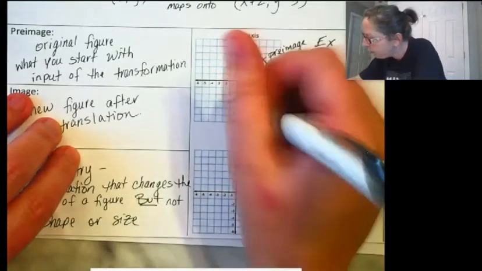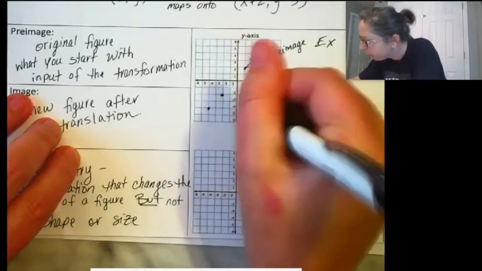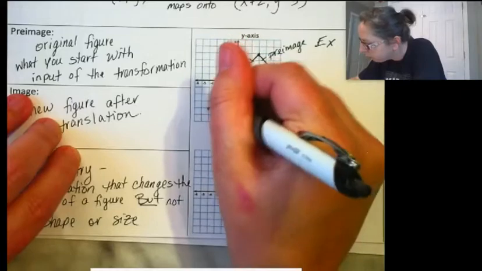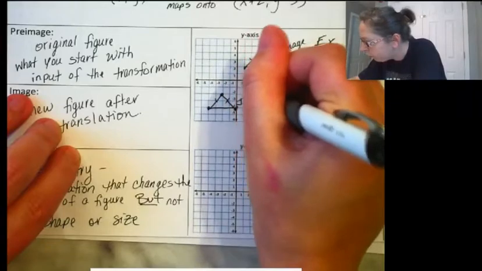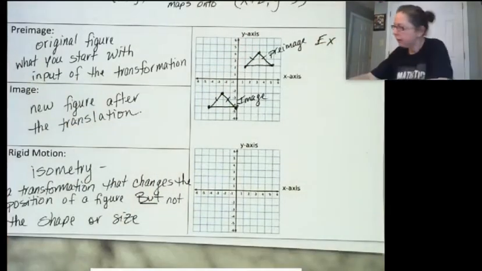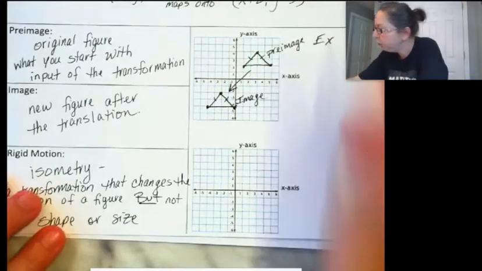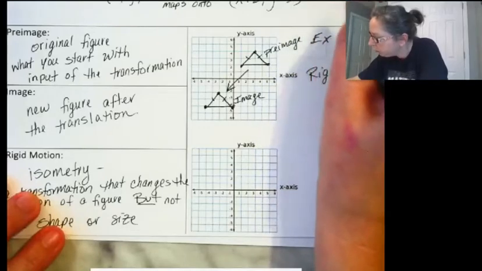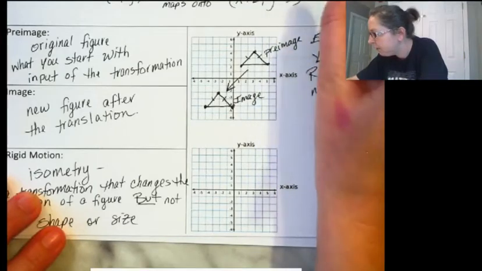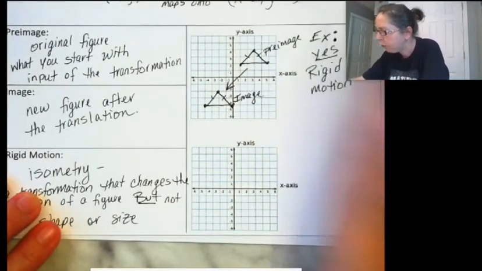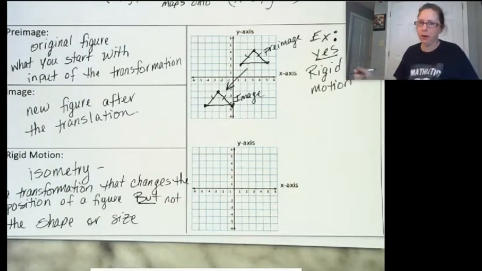And then if I move this somewhere different, slide it down here, this is now my image, okay? And it would slide down to here. This is an example of rigid motion. Yes, this is rigid motion. That's what it looks like. It changed the location of the image, but not the size or the shape, okay?